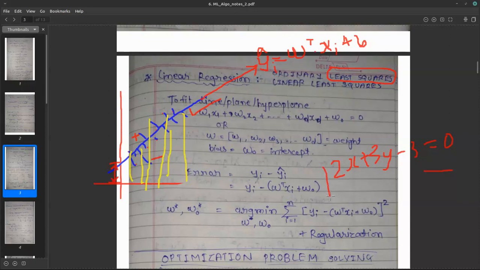It is possible that I can represent this formula as something like 2 million x plus 3 million y minus 3 million equal to 0. So both are doing the same thing, right? Both are the same line. But the value of w here and the value of w here is very different, right? This one is crazy, around 2 million, right?